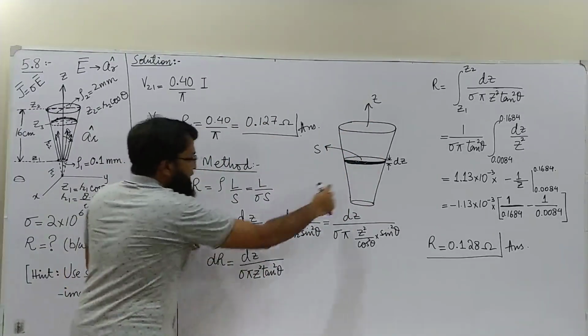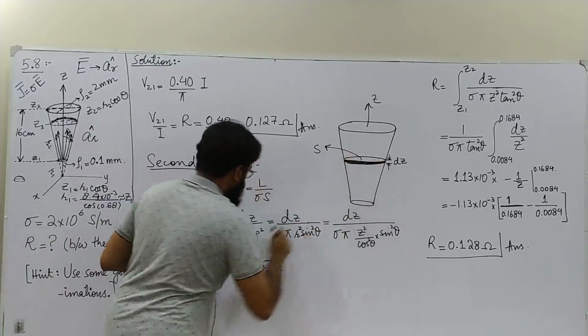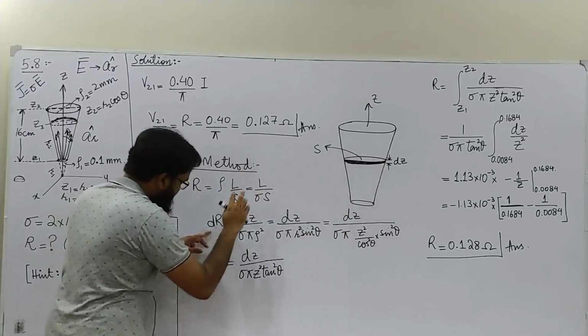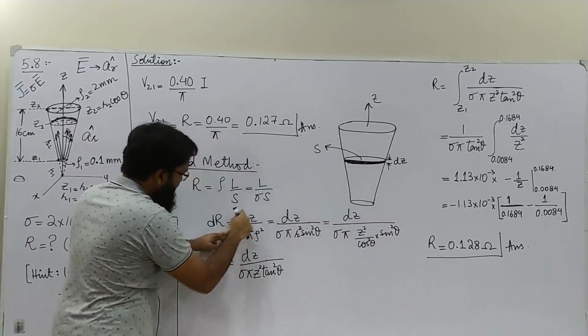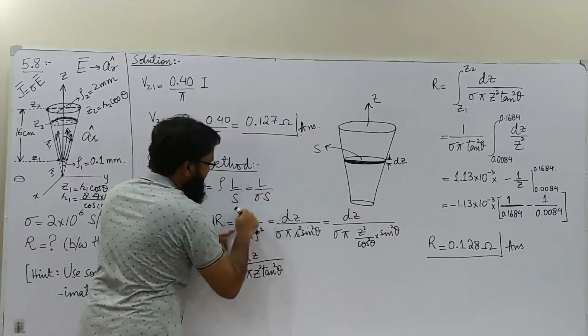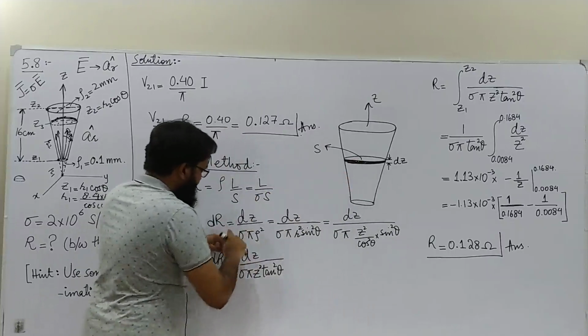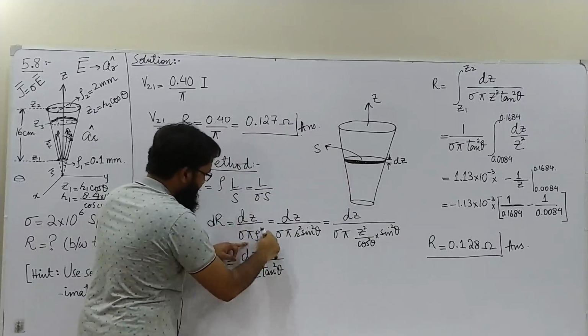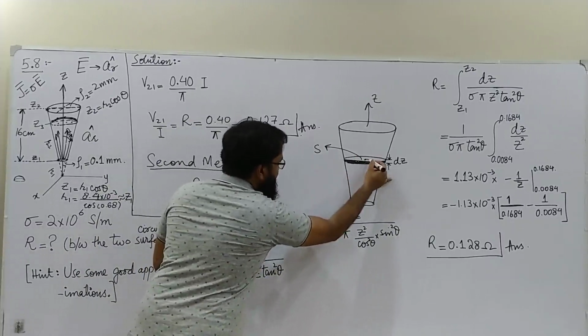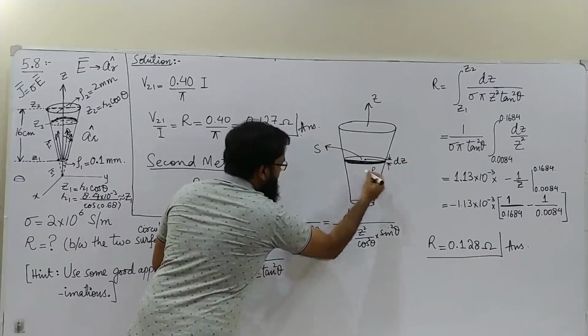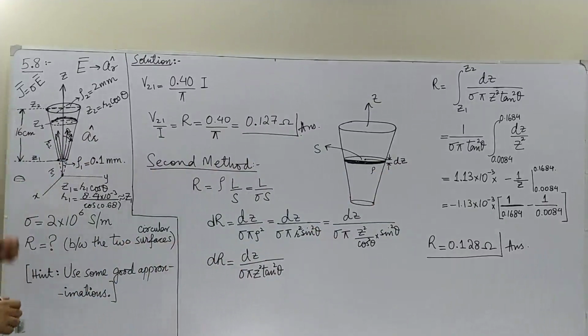Anyway, for this particular disc, the contribution to overall resistance is given by the length of that disc, which is dz, divided by sigma and the area of the disc. If the radius is rho, then pi r square.